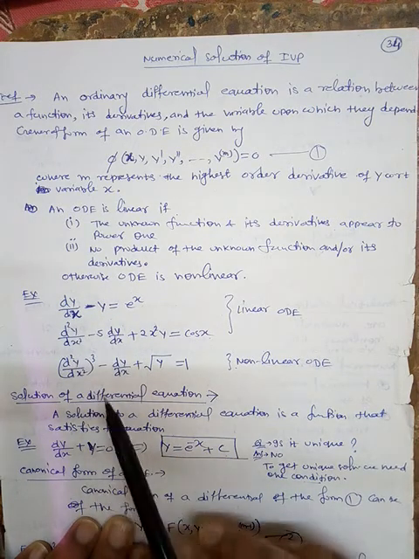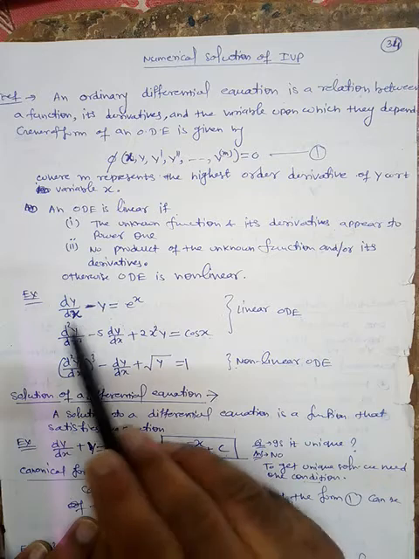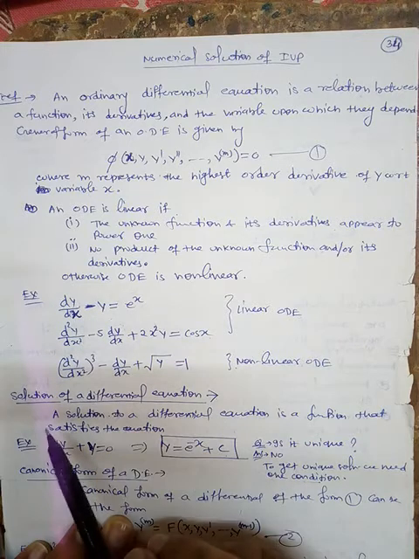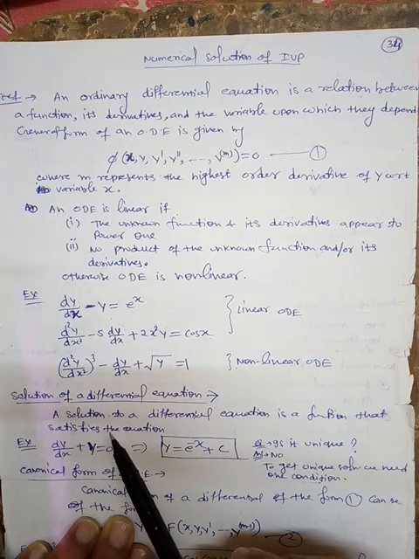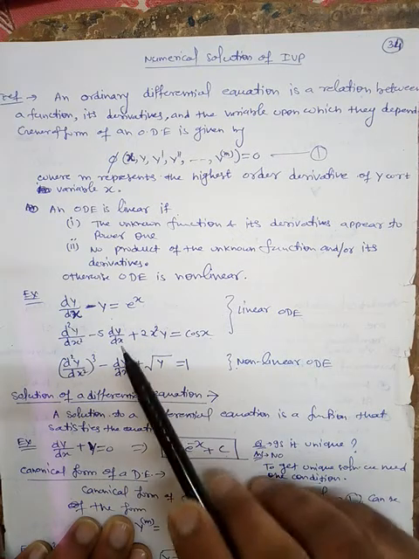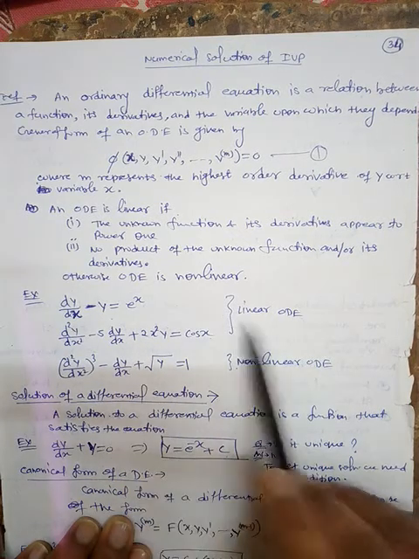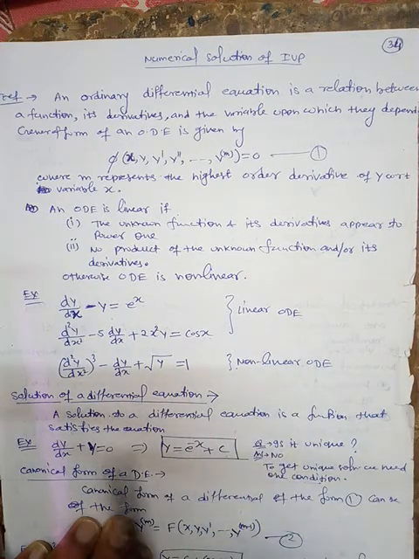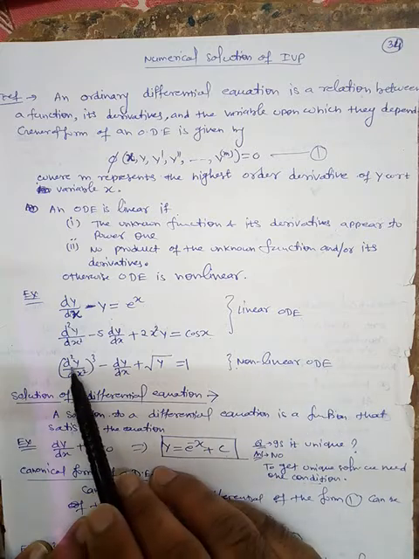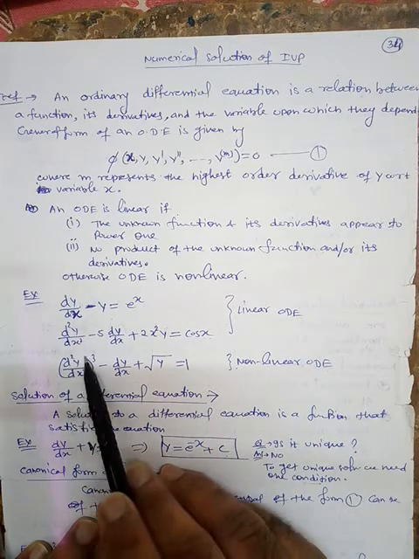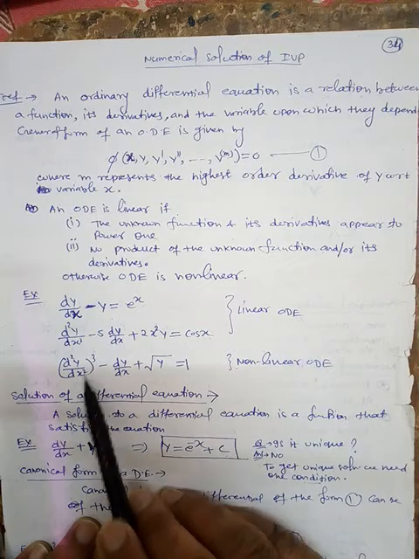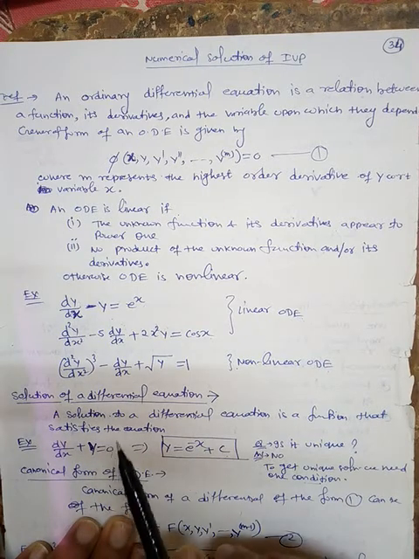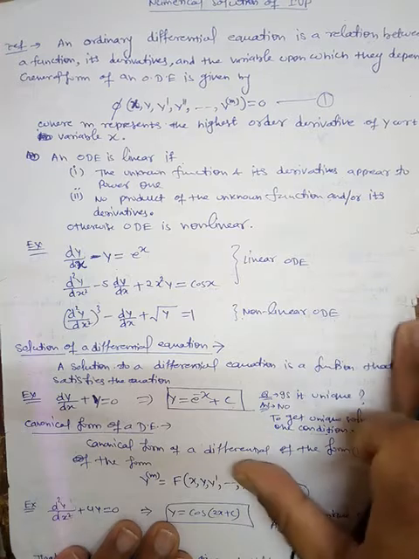Similarly, in this equation, the degree of this is 1, here the power is 1, and there is no product between y dash and y double dash. That's why linear. However, the third example is non-linear because here we have d2y by dx2 with power 3. That's why this is non-linear due to this term.